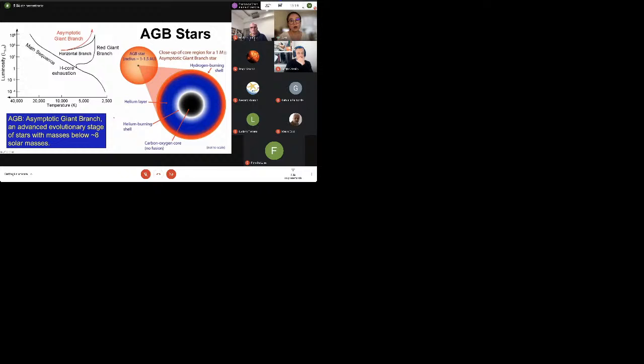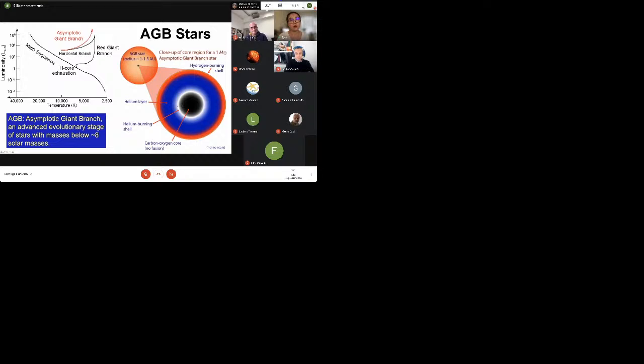AGB stars have carbon and oxygen isotopic compositions different from the sun, as we saw in the previous slide, and this is because such stars are hot enough for the triple alpha reaction and CNO cycles to take place.